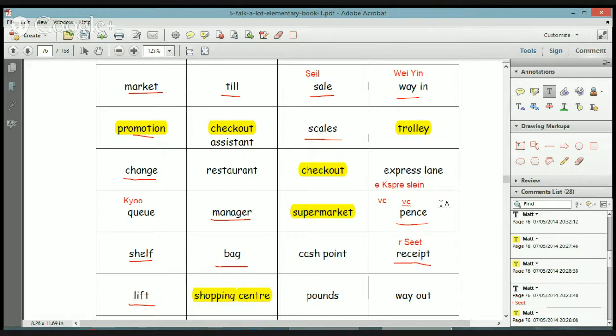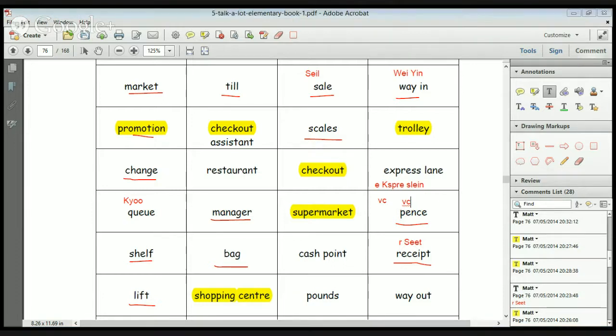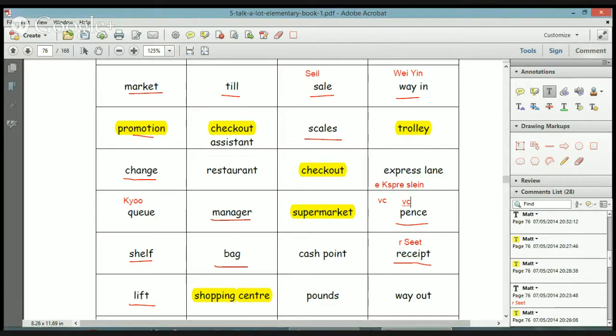So let's think of a sentence then. We've got subject, verb, adjective, and restaurant, which is noun. So let's have a think about it.